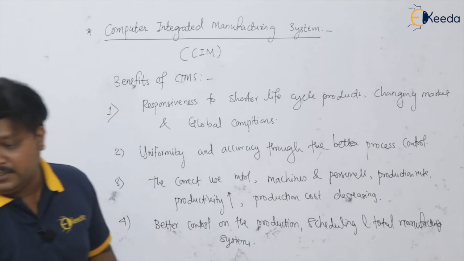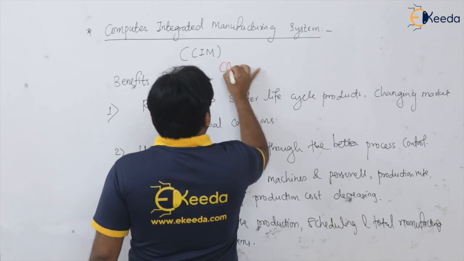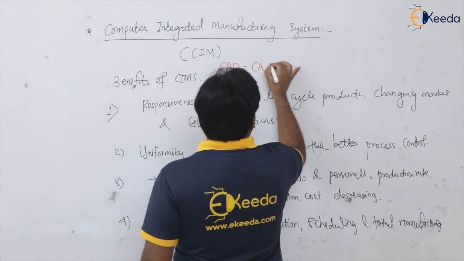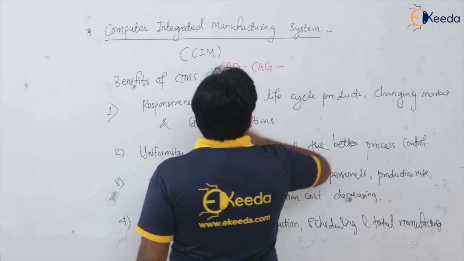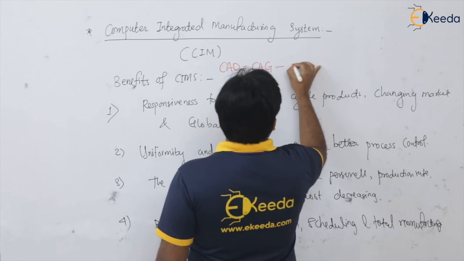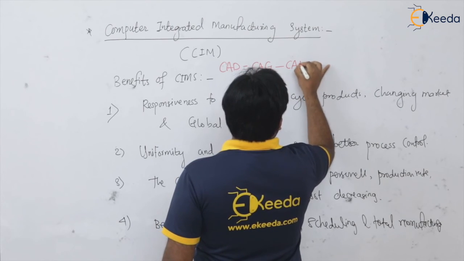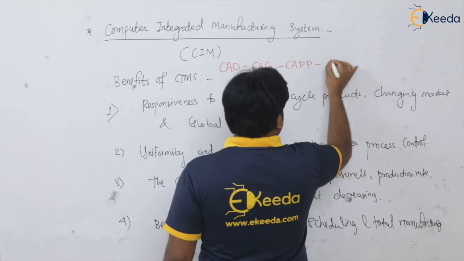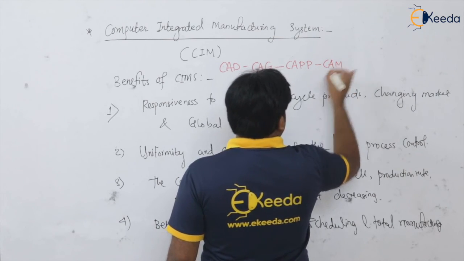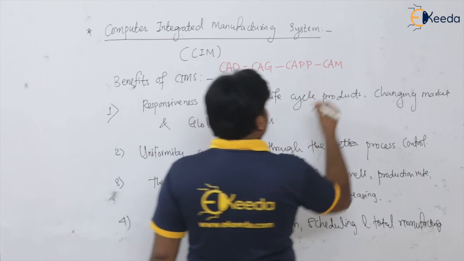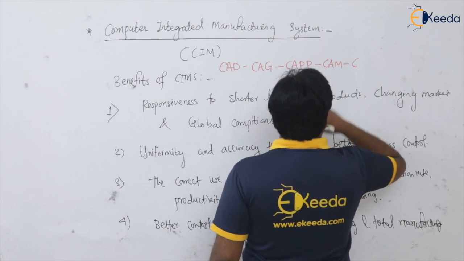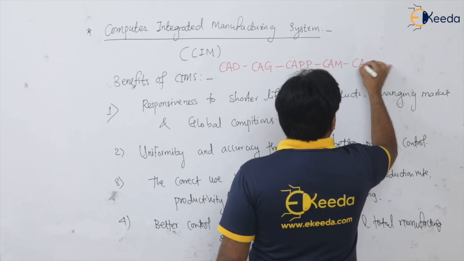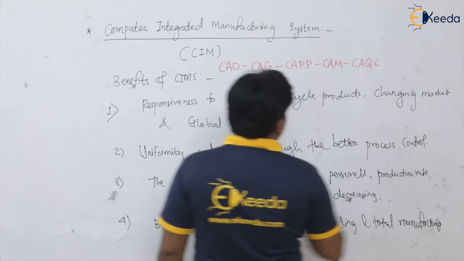So we can write like this: first that is CAD, then for the drawing we are having computer aided graphics, then we are having computer aided process planning, and then to actually make it we are having computer aided manufacturing, and after making the product it will go for quality checking, that is computer aided quality control, CAQC.